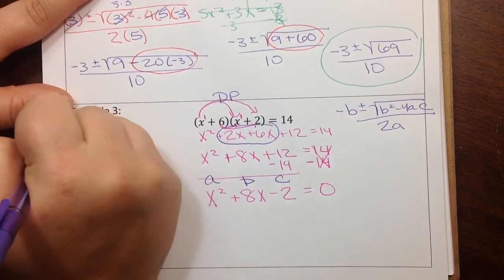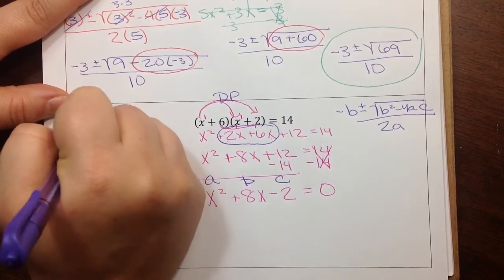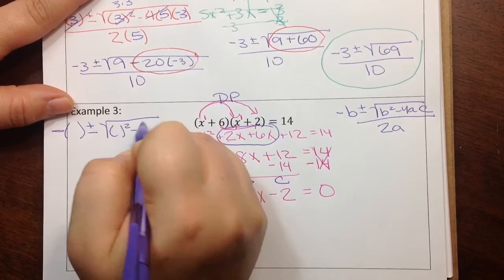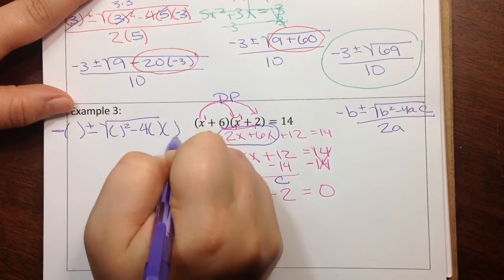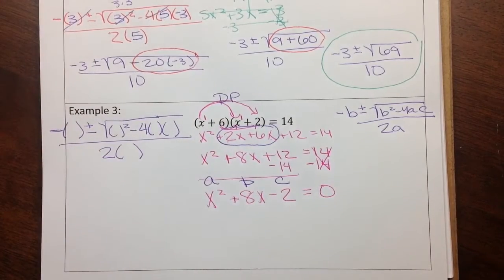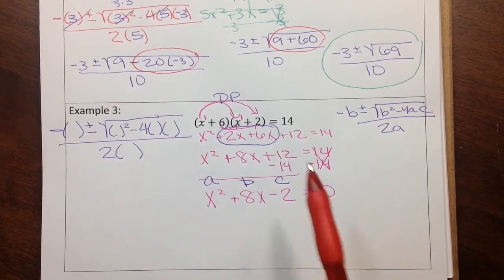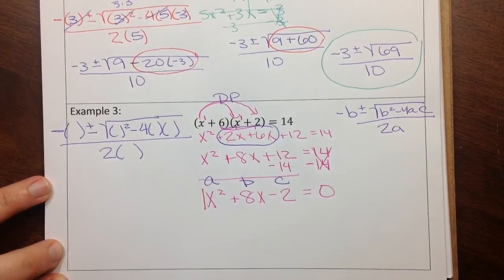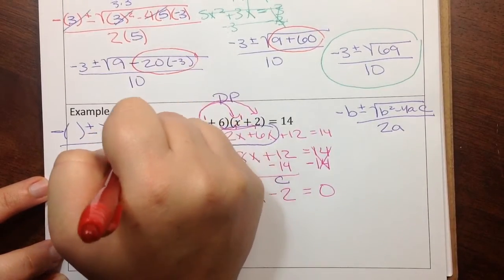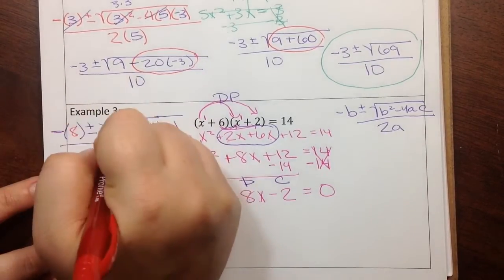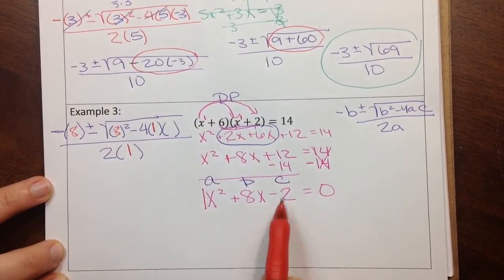Okay? So we're going to plug them in again. Our a, there's nothing in front of x. That means there's a 1. So our a would get a 1. Our b would get our 8. And our c would get a negative 2.